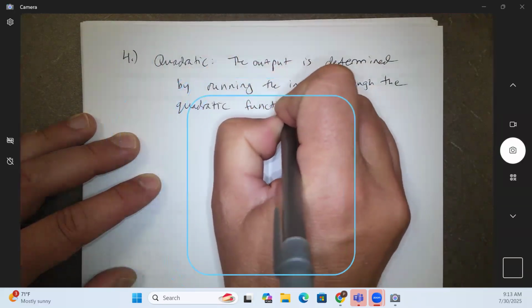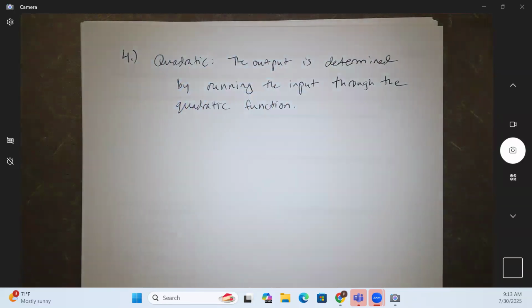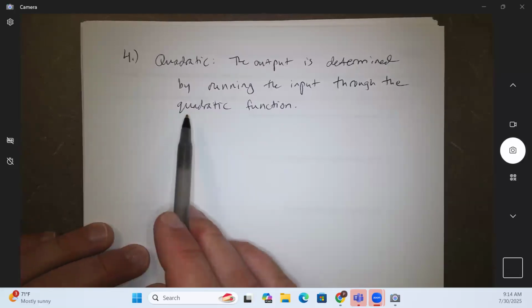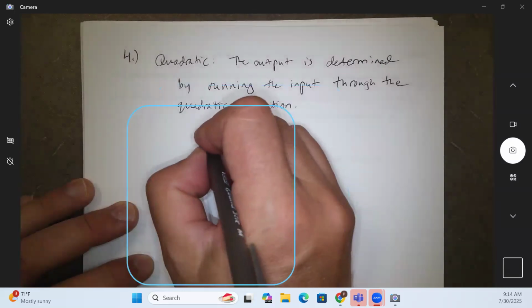That's a little bit circular definition, right? That'd be like me saying the exponential is determined by, the output is determined by running the input through the exponential function. That's a little circular, but we don't really have a better way to describe this.